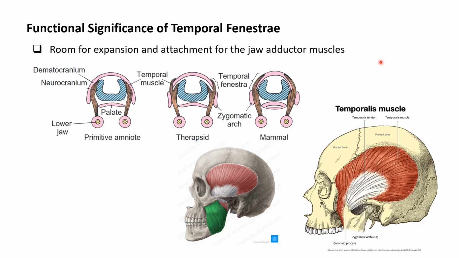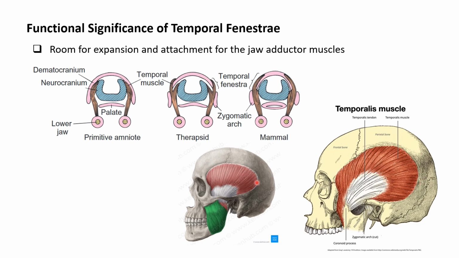It's hypothesized that the temporal fenestrae provide more room for these adductor muscles to expand and contract during their action, and the rims of the fenestra also provide more leverage for the muscles. The temporalis muscle, for example, is the one lodged in the temporal fenestra of mammals. You can palpate this on your temples. And it is firmly anchored to the upper rim of the temporal fenestra.